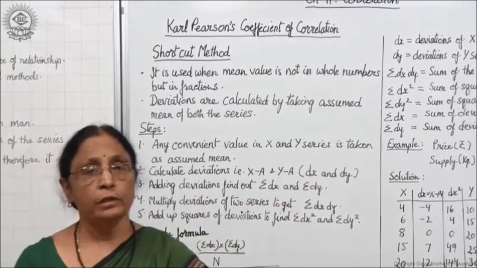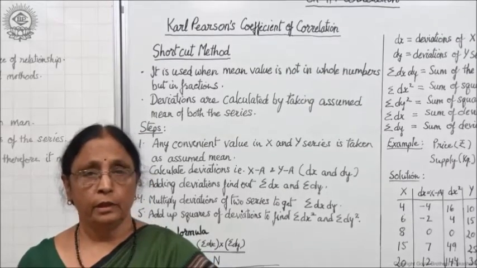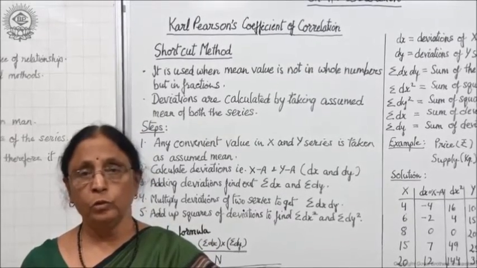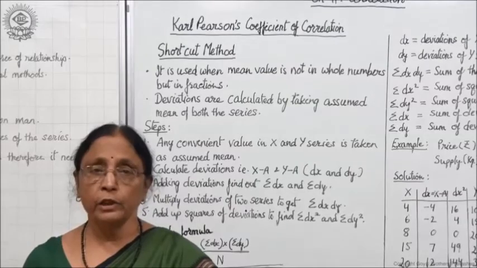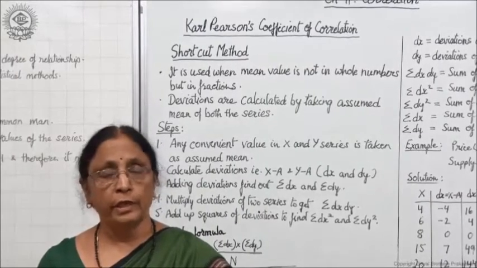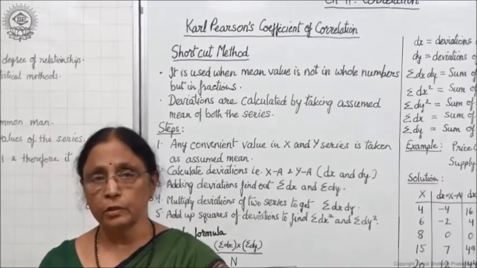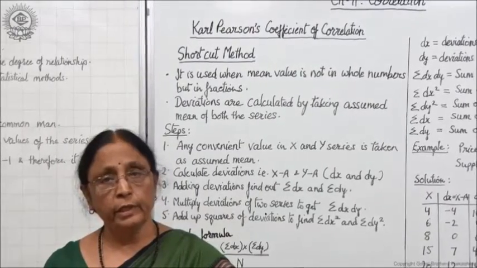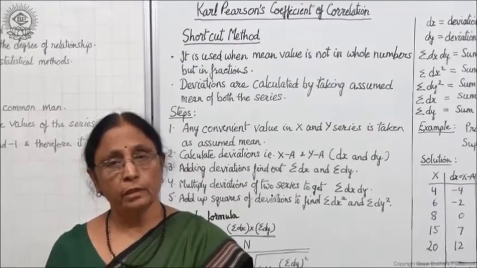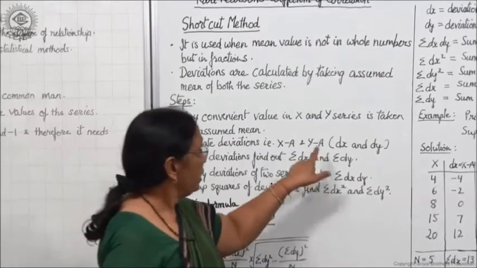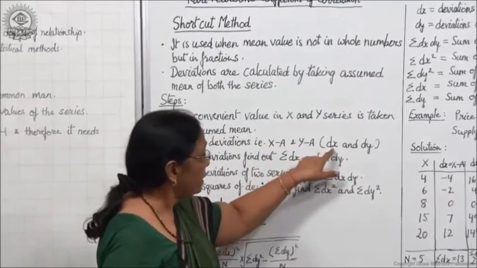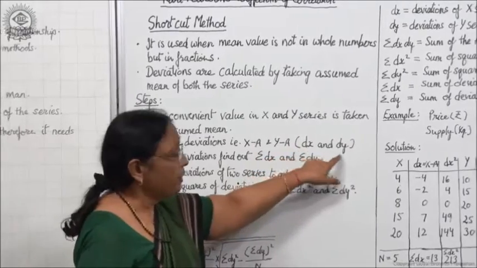So after taking the assumed mean, we take out the deviations and these deviations will be x minus a, here a means assumed mean, similarly y minus a, and we will name it as x minus a will be dx and y minus a will be dy.